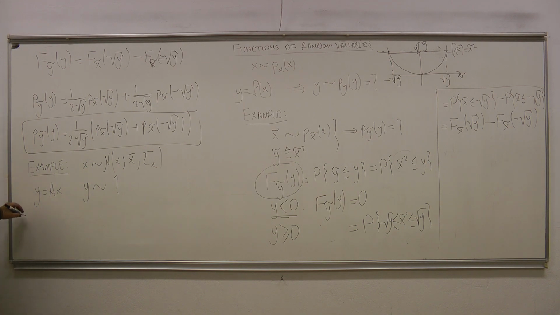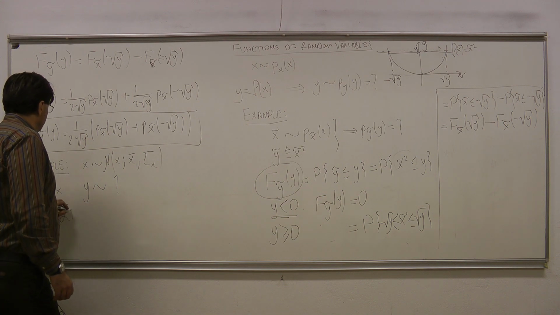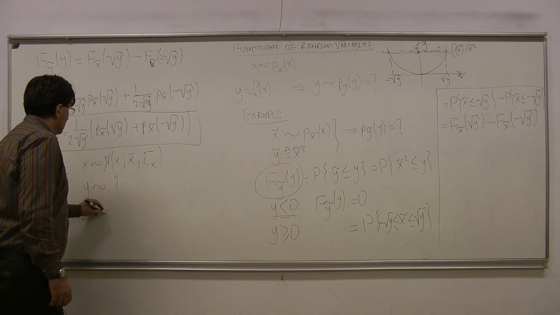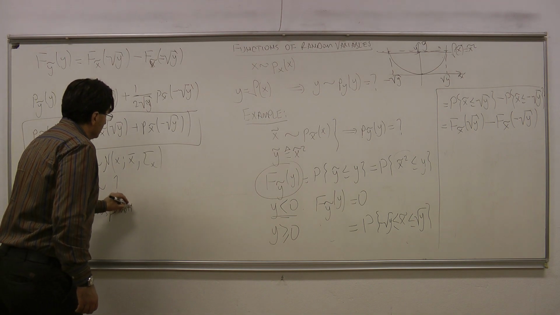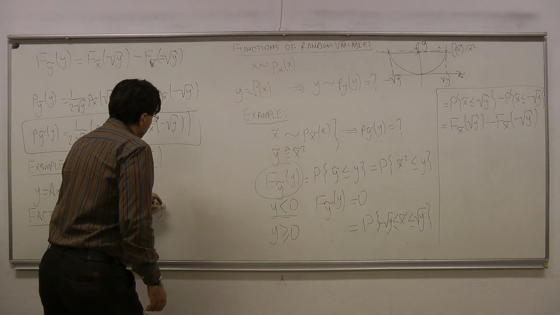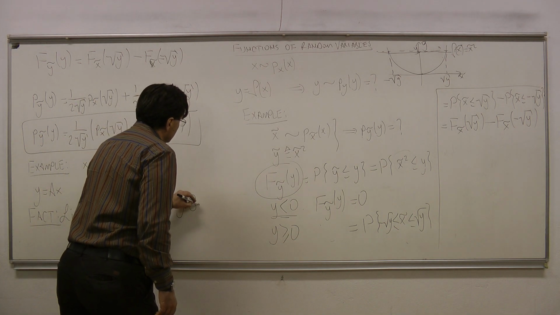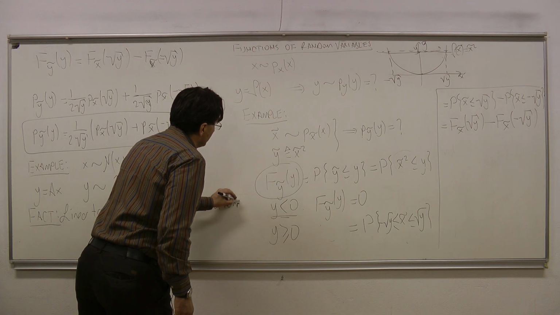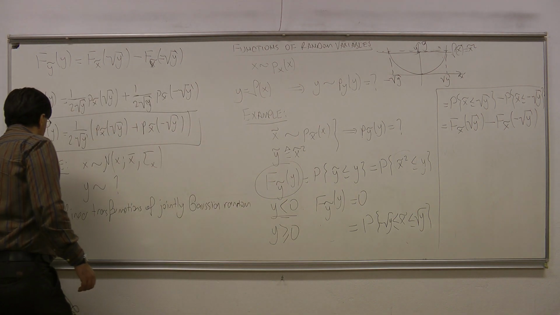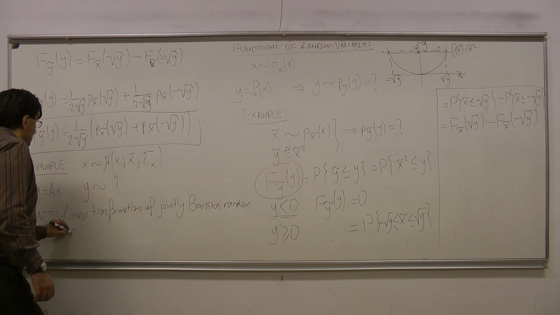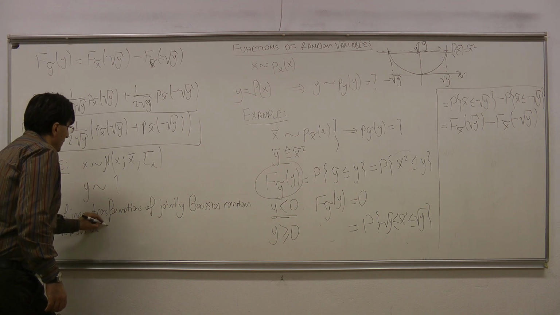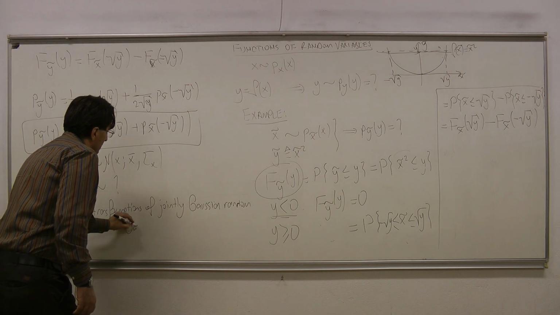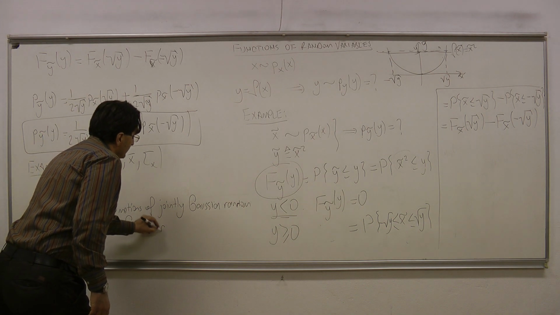Here, there is only one fact that you have to know. Fact: linear transformations of jointly Gaussian random variables are also Gaussian distributed.